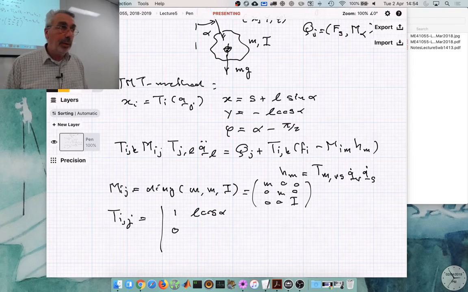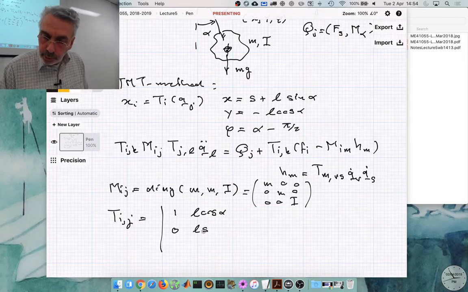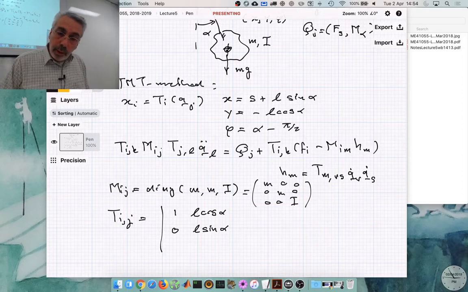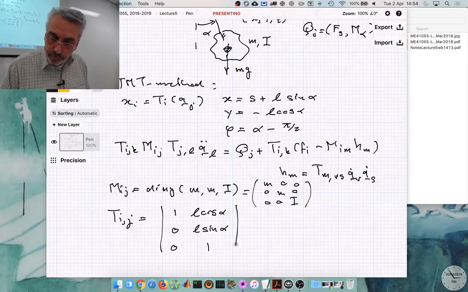So that's a 0. And then with respect to alpha, that's minus minus sine alpha, so minus, minus, becomes plus L sine alpha. And then the last one we differentiate with respect to s again, 0, and with respect to alpha, that's a 1. So that is this Jacobian.